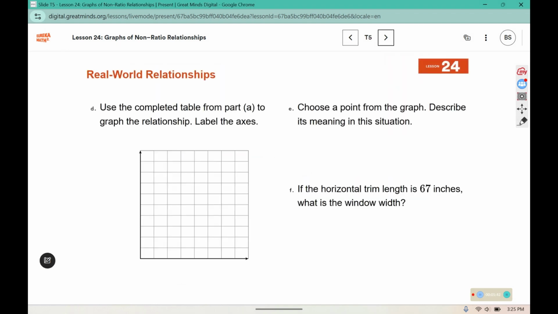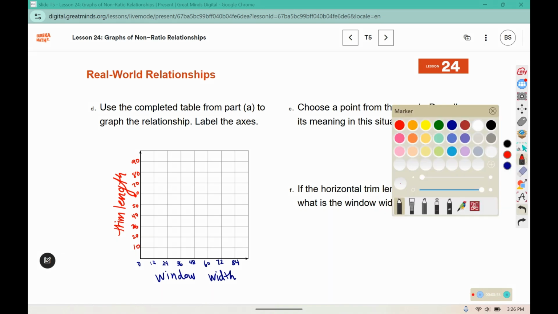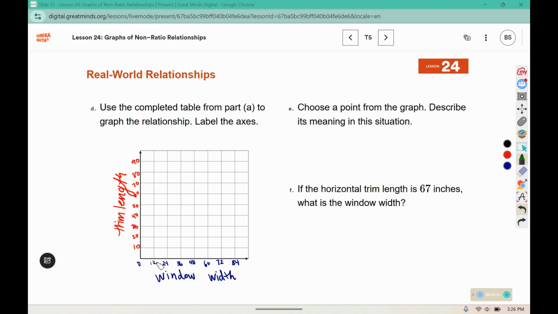Use the completed table from part A to graph the relationship. Label the axes. So now we're going to plot the points. The 12-inch window was 19 inches of trim. The 24-inch window was 31.